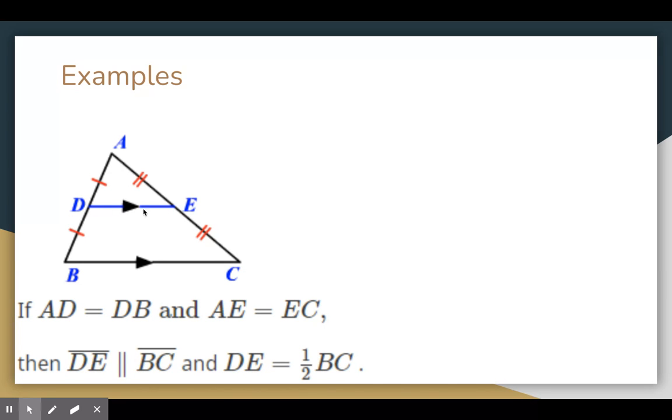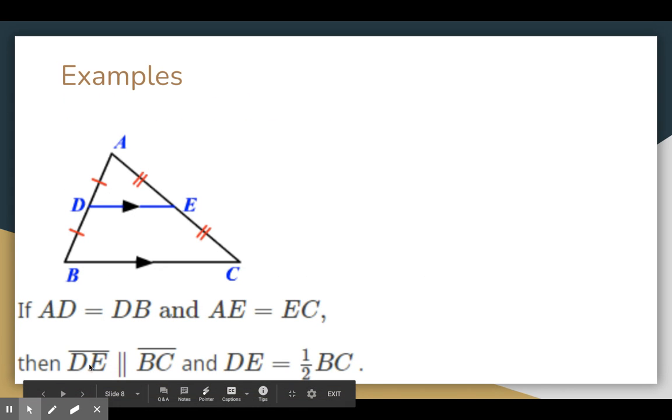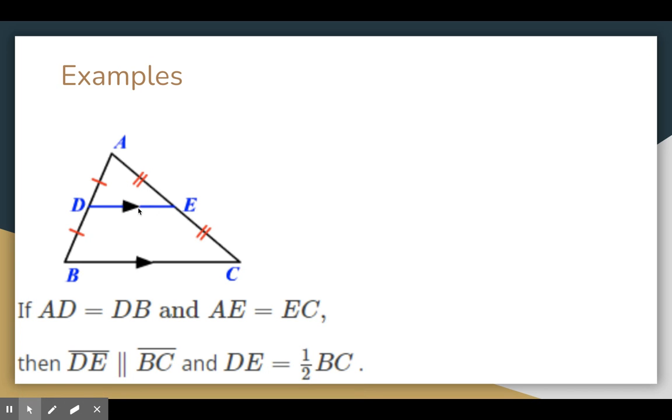So that means DE is now the midsegment because it cuts this line in half and it cuts this line in half. Notice the arrows always mean parallel, so that means DE is parallel to BC, right? And because of the Midsegment Theorem, it's also half of the length. So these two are parallel, and DE is half of the length of whatever BC is.